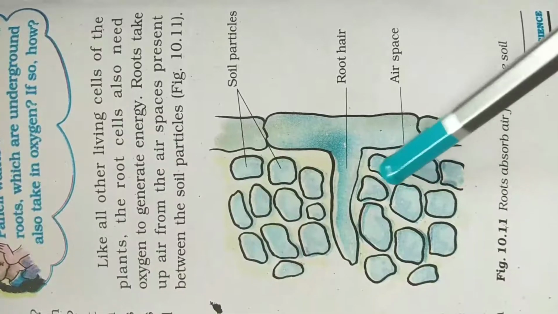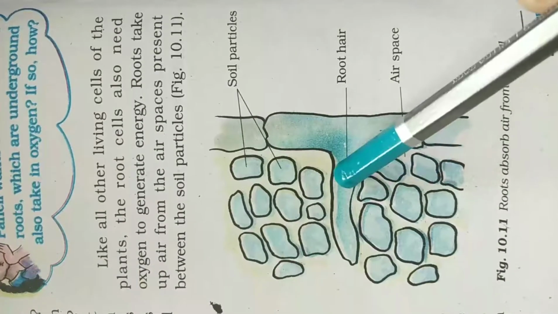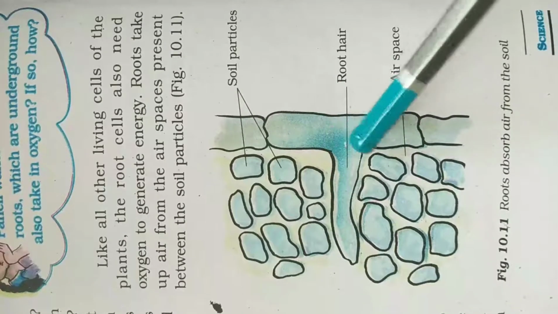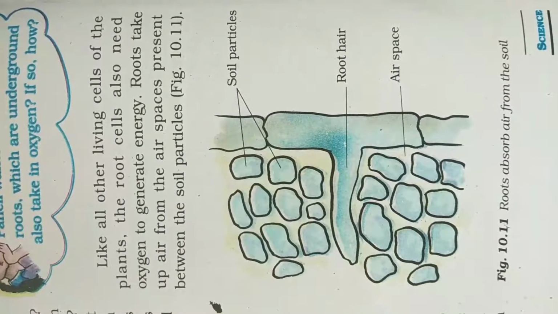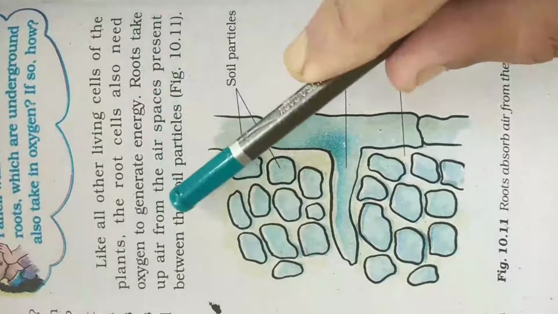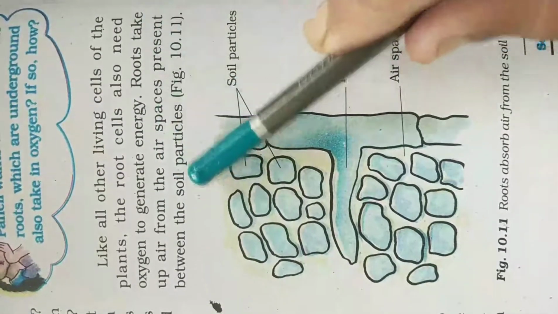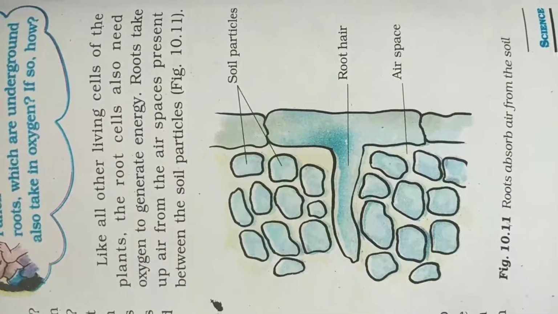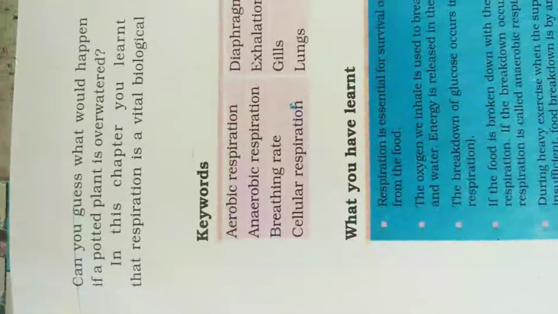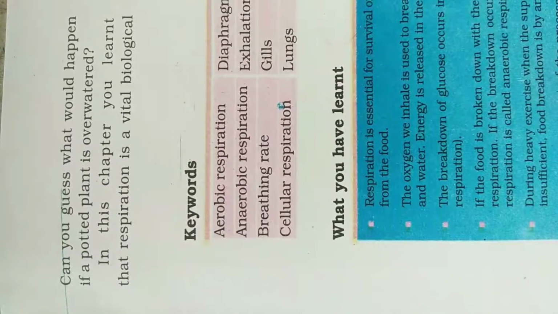From this air space, the air is absorbed through the roots, and the oxygen is used by the roots to generate energy. The roots take up air from the air space present between the soil particles.